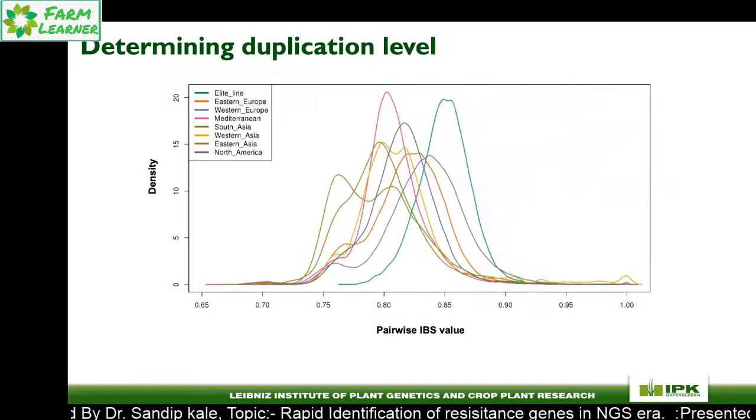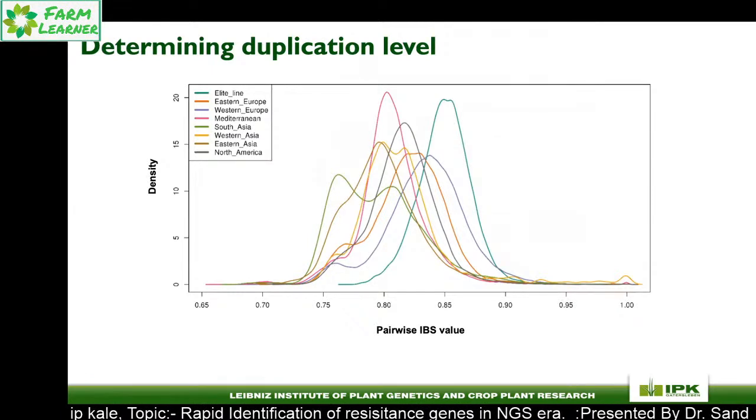The second important thing for this SNP data is you can identify the duplicate samples. So this is just like you are comparing SNP markers from one sample against another, and then checking how many SNPs are common between these two samples, and based on that you can determine how closely related these samples are.